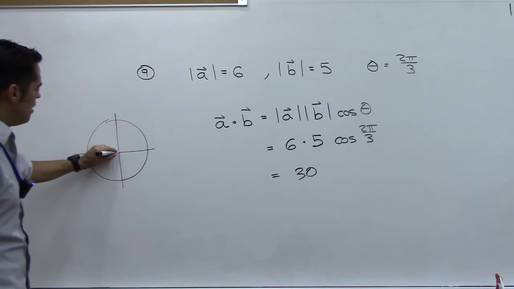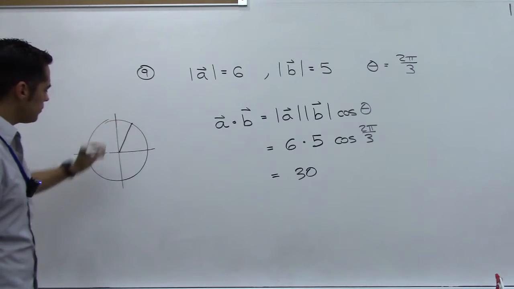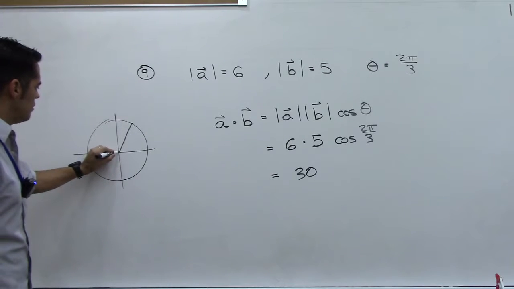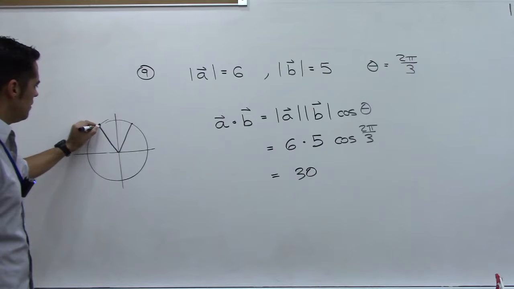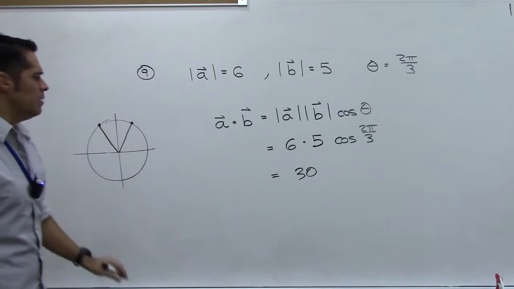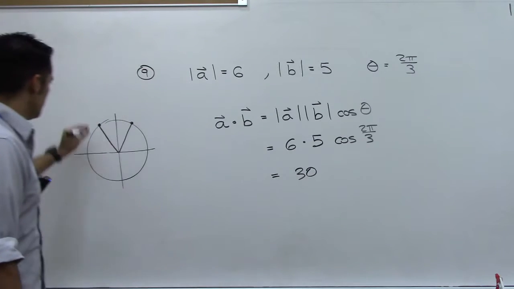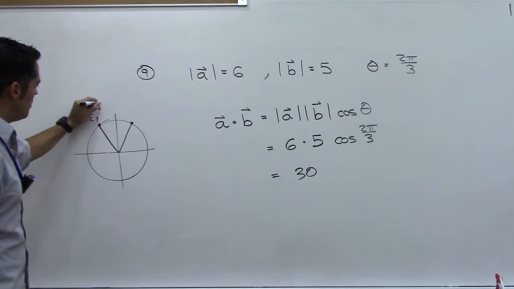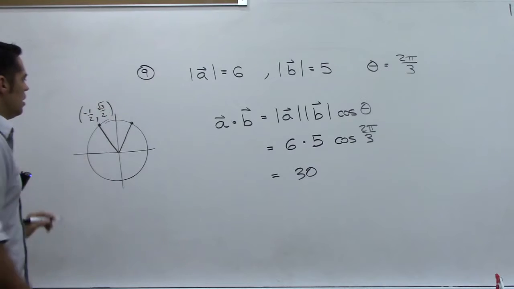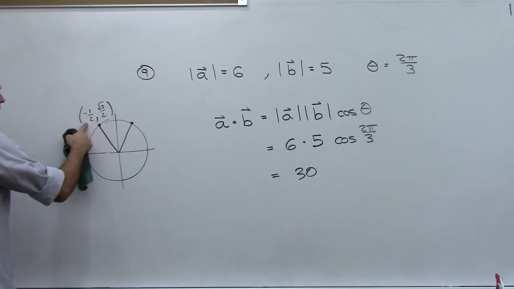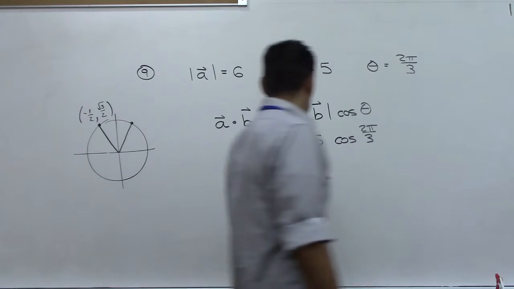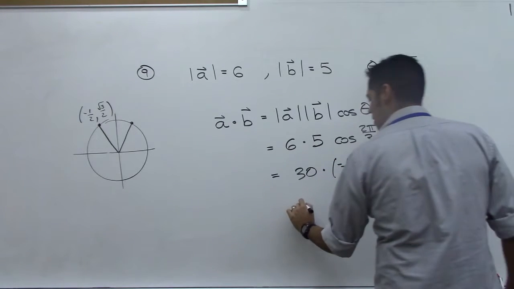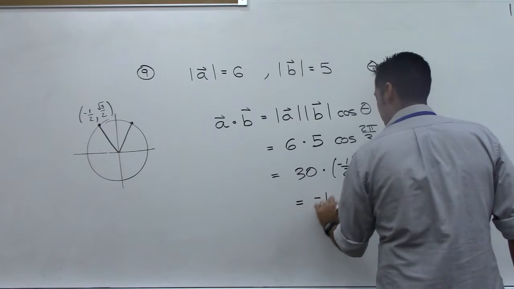Here's pi over 3 up here, that's 60 degrees, and then 2 pi over 3 is right here. When you say cosine of 2 pi over 3, you're looking for the x-coordinate. The x-coordinate there is -1/2. Remember, the y-coordinate is √3 over 2. So we're going to use -1/2. So it's this times -1/2, which is -15.